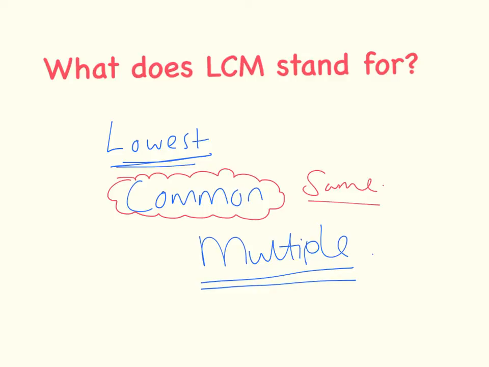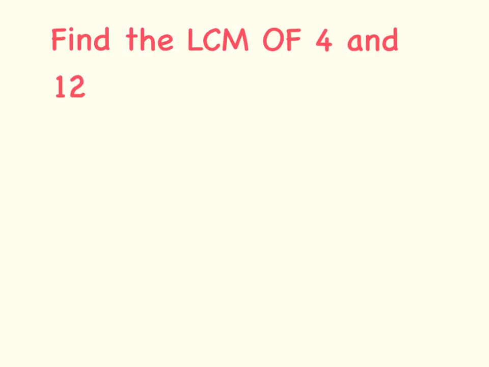All right, so we'll have a look at a full question now. Here's the question. Find the LCM of 4 and 12. LCM stands for lowest common multiple of 4 and 12. So I'm going to start off with writing the multiples of 4.